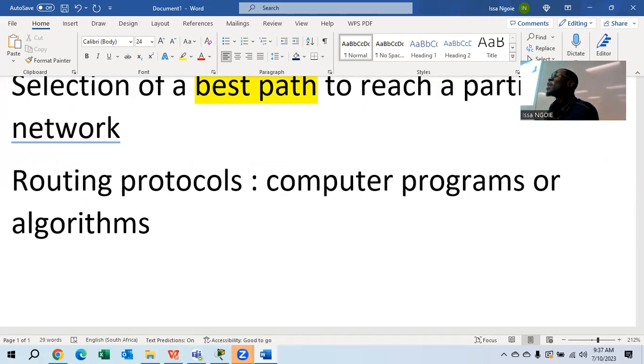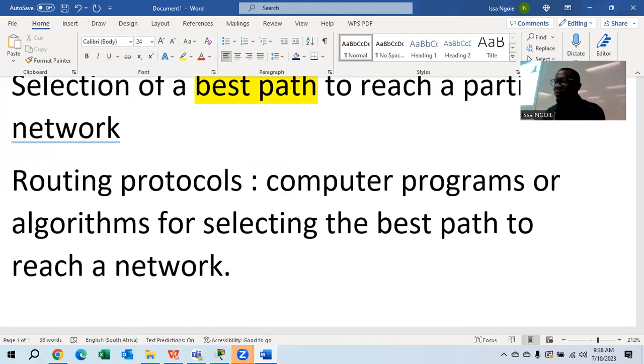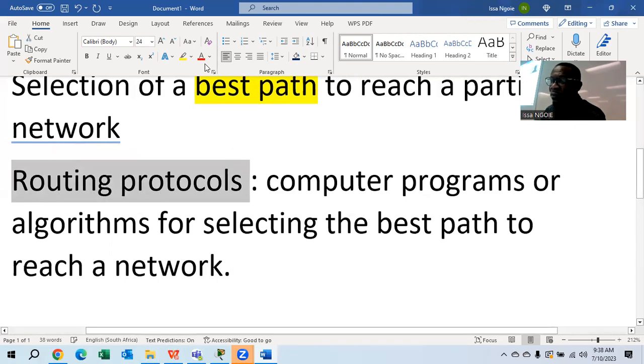Those are the computer programs that you're going to use in order to select what? The best roads, right? They are computer programs or algorithms for selecting the best path.